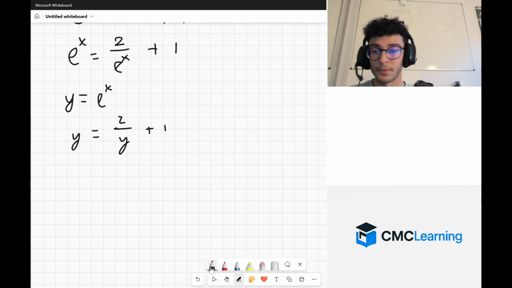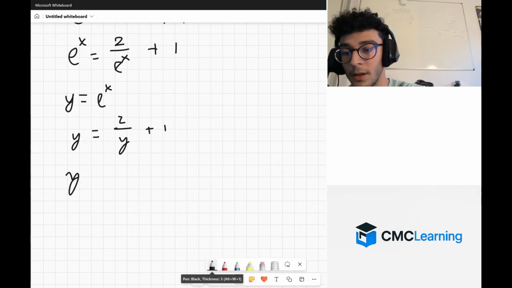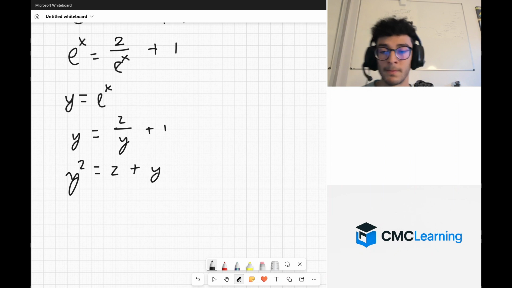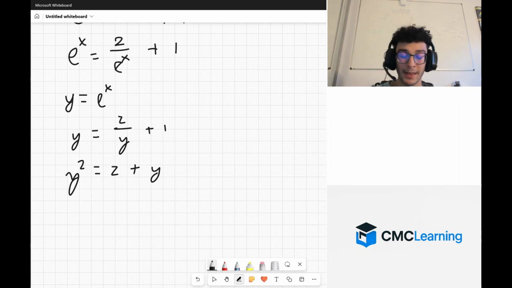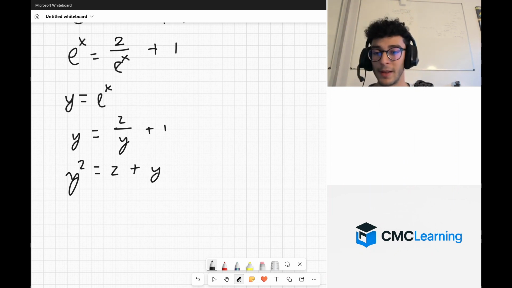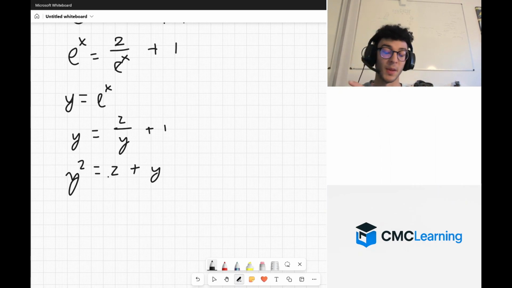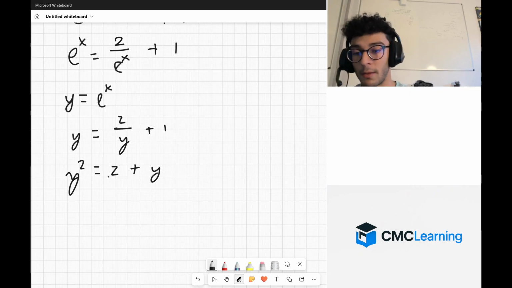So left-hand side, we have y squared is equal to 2 plus 1y. Now typically, as I'm sure you've been taught copious amounts of times, in order to solve these quadratic expressions, the best way to do it is to have one side equal to 0. So let's do that by moving this 2 over, and also by moving this y.